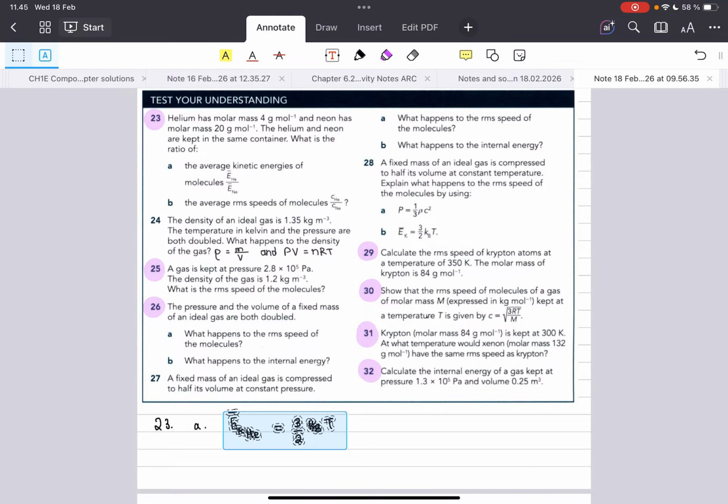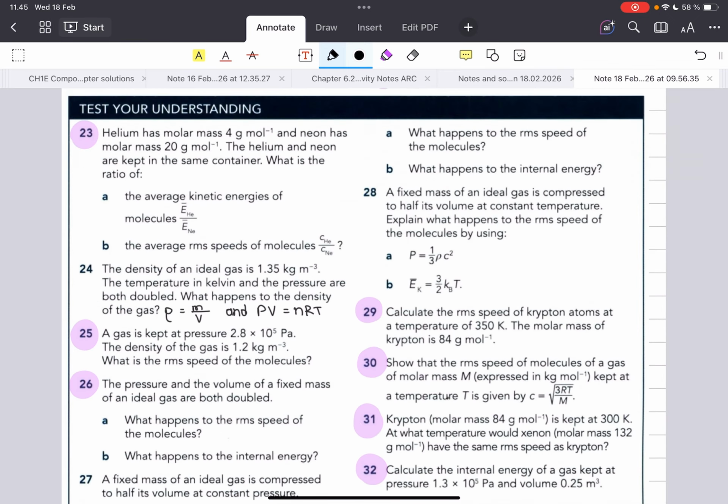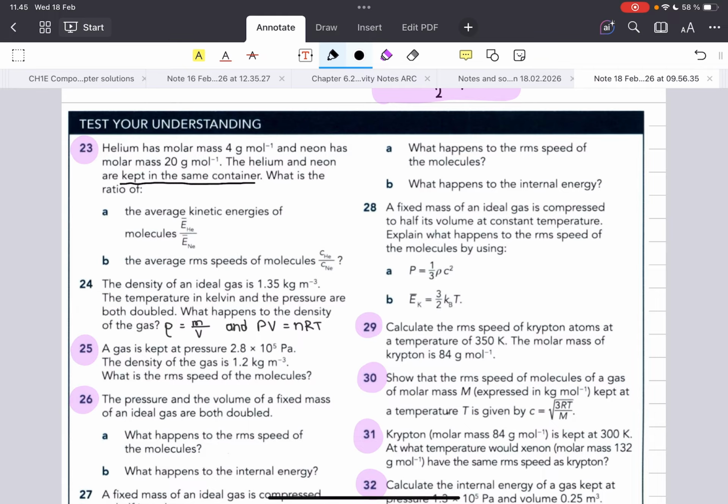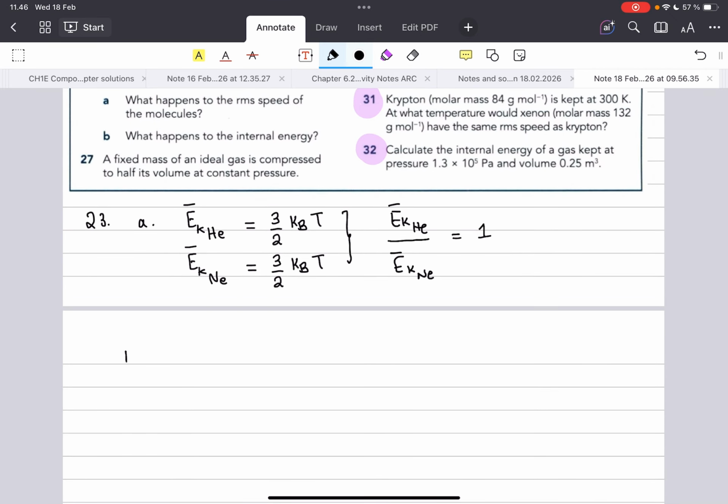And the kinetic energy of the other substance, neon, is also 3/2 kBT, because they are kept in the same container and therefore have the same temperature. So the ratio of the average kinetic energy for helium divided by the average kinetic energy for neon is going to be 1, because they're at the same temperature.